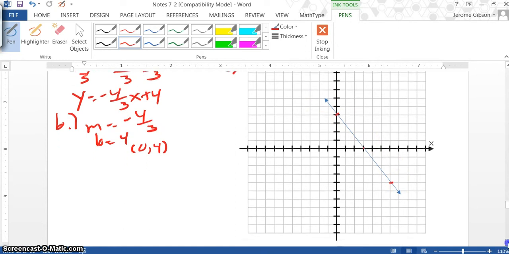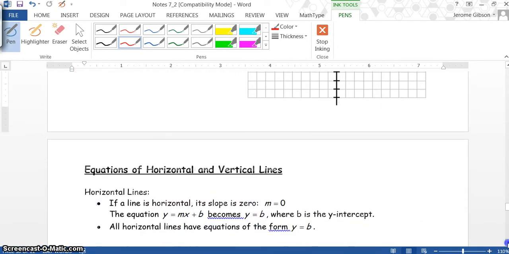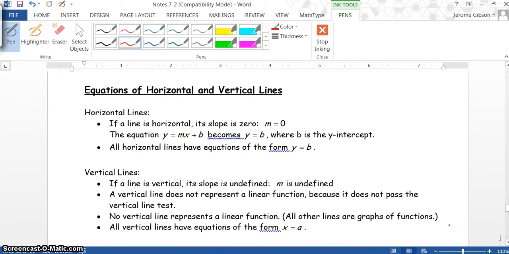Now we scroll down. It says equations of horizontal and vertical lines. Horizontal lines. If a line is horizontal, its slope is 0. The equation y equals mx plus b becomes y equals b, where b is the y-intercept. All horizontal lines have equations of the form y equals b.